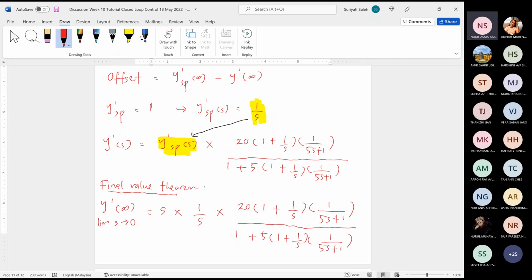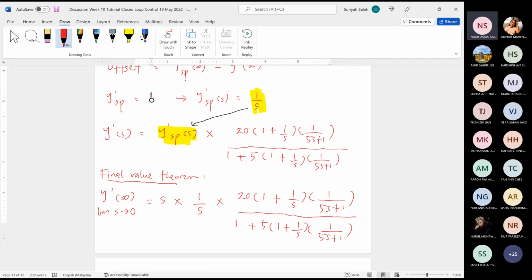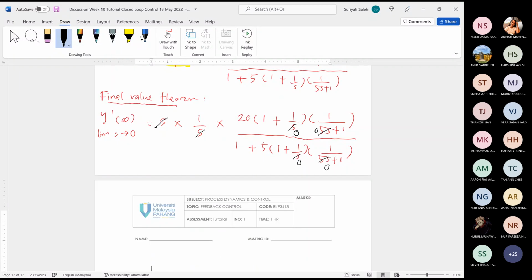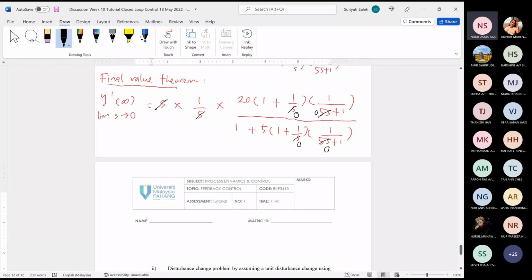According to this, S becomes 0. For this part, the S here and 1 over S can be eliminated, and whatever S you have here, the S will become 0. 5S becomes 0, 5S becomes 0 and the S becomes 0. If we take a look at this case, let me further rewrite it.